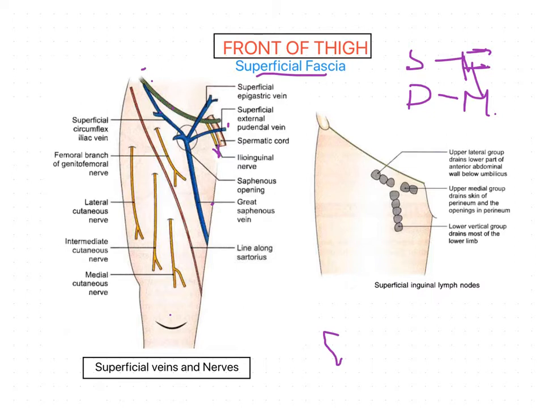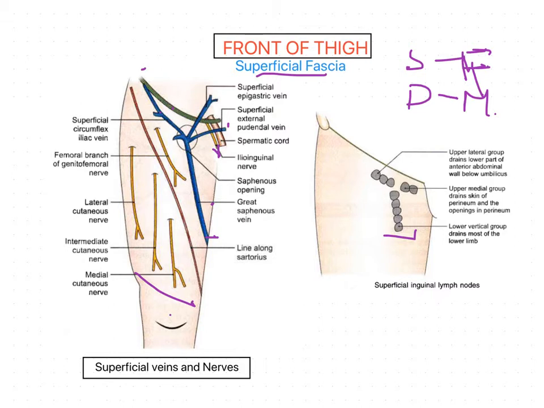The superficial fascia contains cutaneous nerves, cutaneous arteries and the great saphenous vein. So what are the structures we can see in the superficial fascia? One is cutaneous nerves, and next one is cutaneous arteries, the great saphenous vein and its tributaries, and the superficial inguinal lymph nodes.